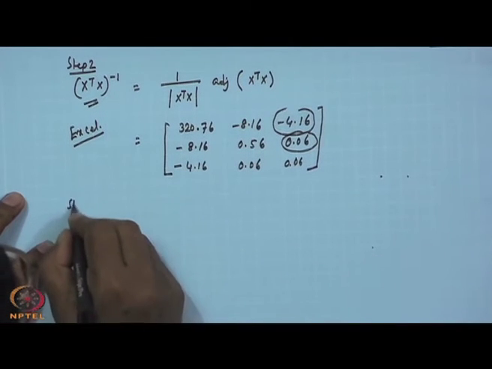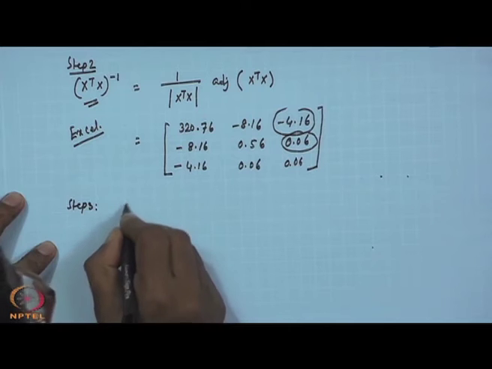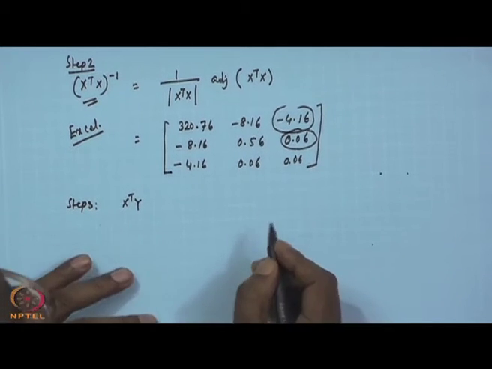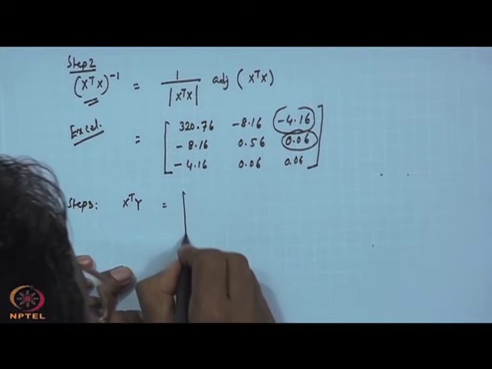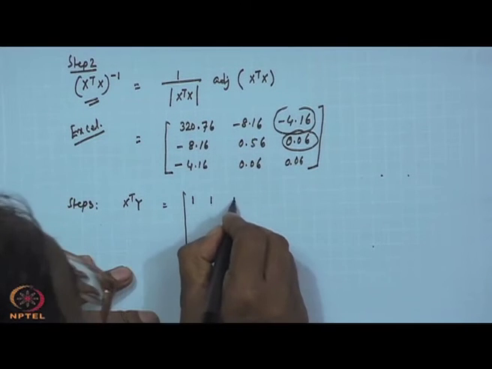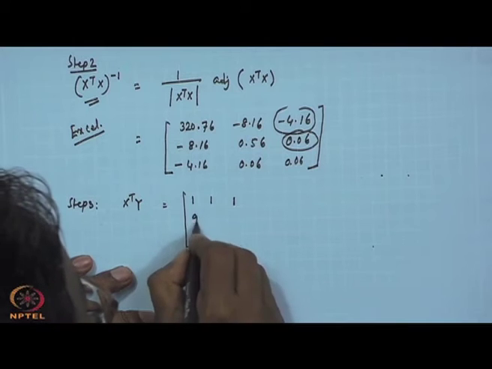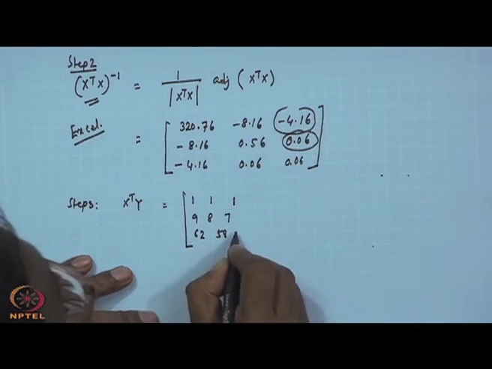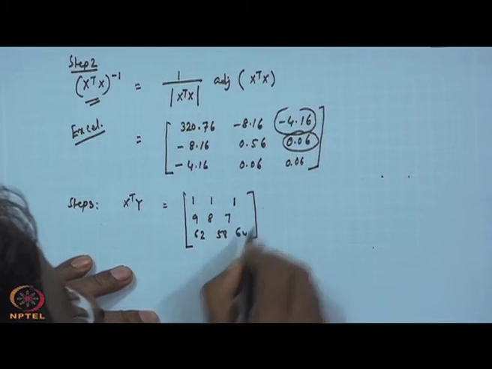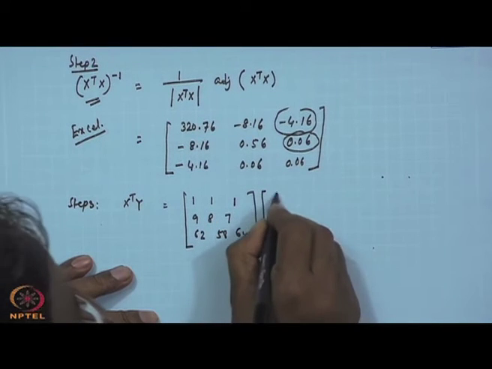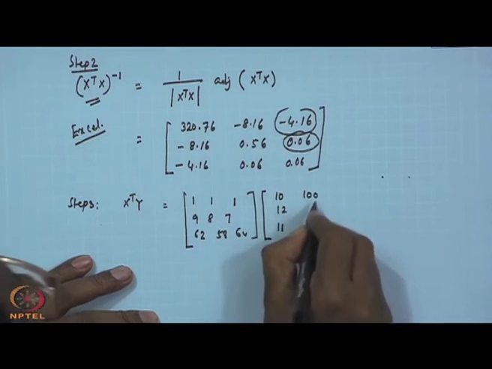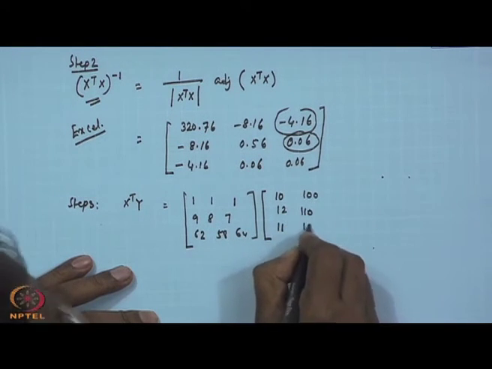Step 3: you compute X transpose Y. So if you write down X transpose Y, 1 1 1, then 9 8 7, 62 58 64, then the Y values are 10 12 11, 100 110 105.